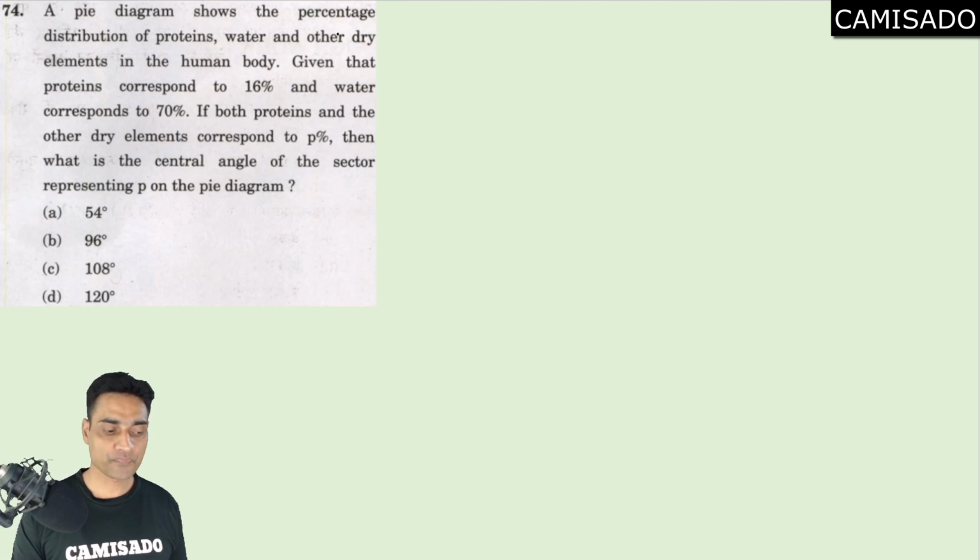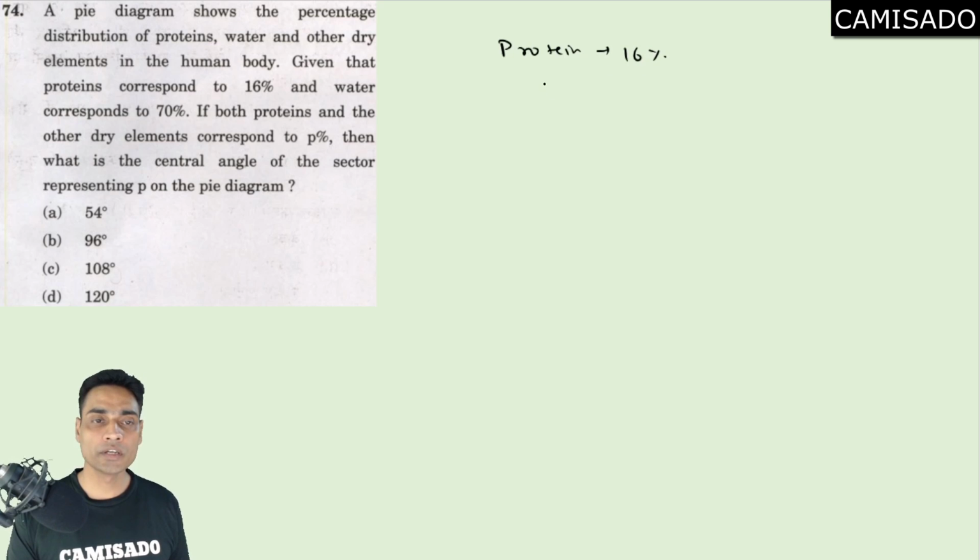Next, a pie diagram shows the percentage of distribution of proteins, water and other dry elements in the human body. Given that protein corresponds to 16% and water corresponds to 70%. If both proteins and other dry elements correspond to P%, then what is the central angle of the sector representing P on the pie diagram?